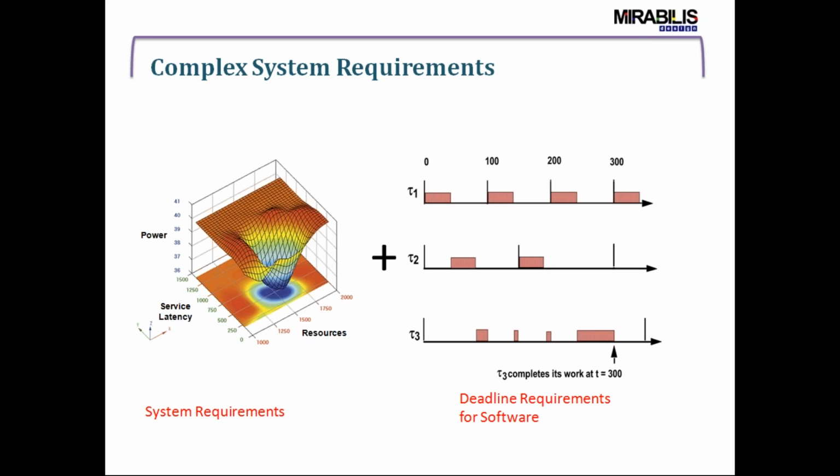So in addition to that, if you are working with real-time applications or hard real-time applications, then you need to make sure that all the tasks that are going to run on the proposed system platform are going to meet all your timing deadlines.